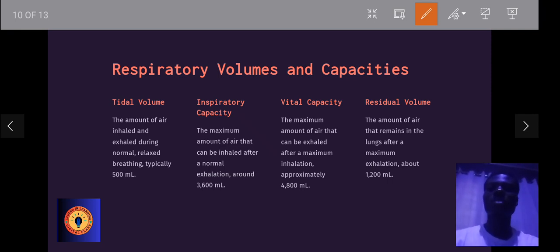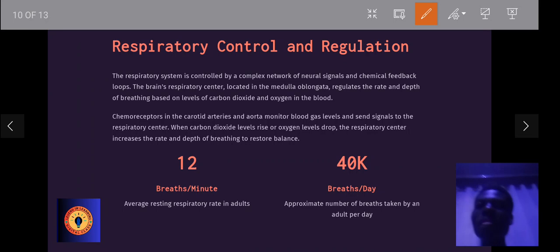Okay, so let's move on. We are talking about the respiratory control and regulation. The respiratory system is controlled by a complex network of neural signals and chemical feedback loops.